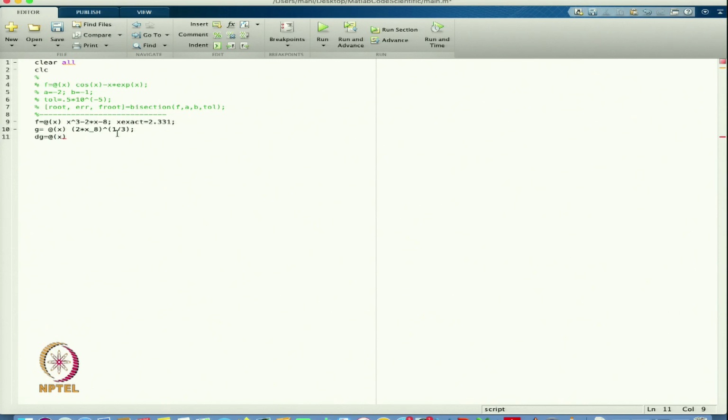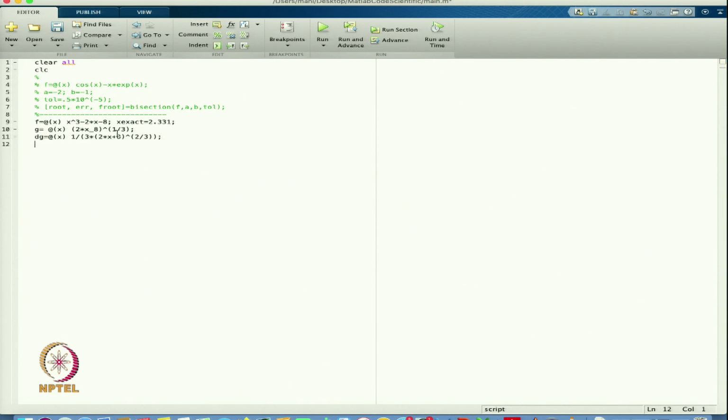So, from here I will get the value of dg. This will be 1 by 3 star 2 star x plus 8, raised to power 2 by 3. So, this is the derivative of g I am getting.